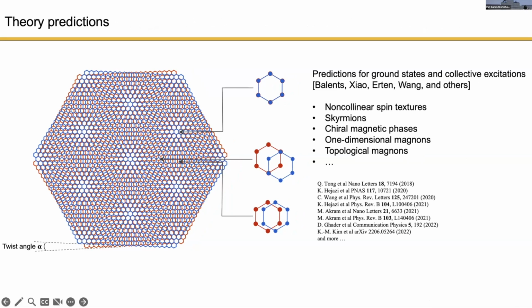Theoretical predictions include interesting non-collinear spin states, and examples also include a skyrmion state and also chiral magnetic phases. And magnetic excitation-wise, there are also predictions about interesting ones, such as one-dimensional magnons or topological magnons. Those predictions really motivate experimentalists to look into the system and see what can happen there.